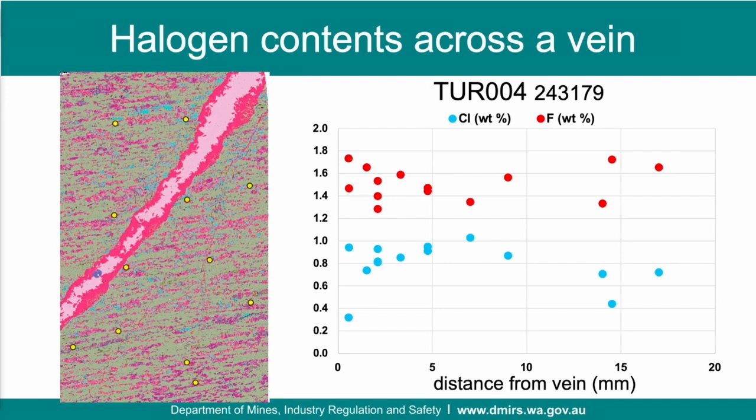I don't know if you can see there are yellow dots, and each of those yellow dots represents an apatite that we have sampled. I have plotted up the fluorine content in red and the chlorine content in blue from zero distance away from the vein to 20 millimeters. And what you can see is there's not much of a systematic change away from that vein on that scale using composition.